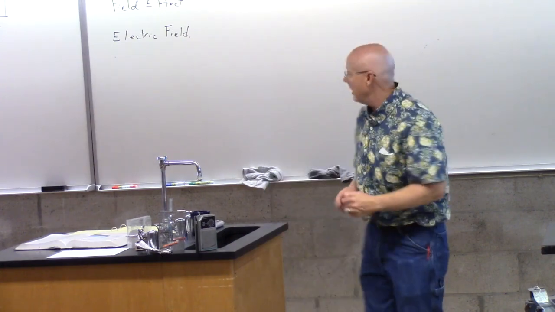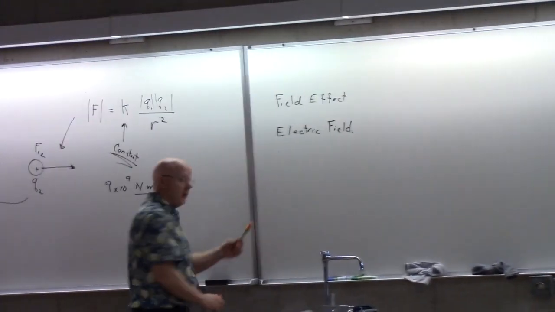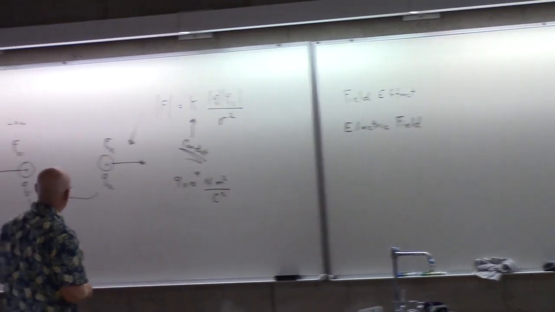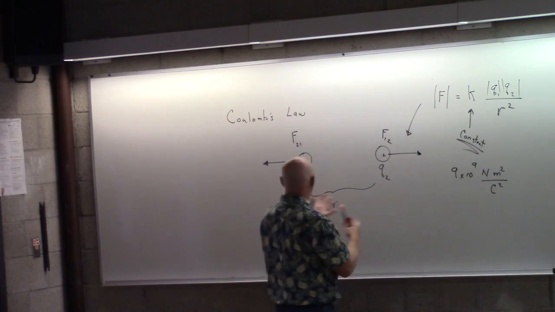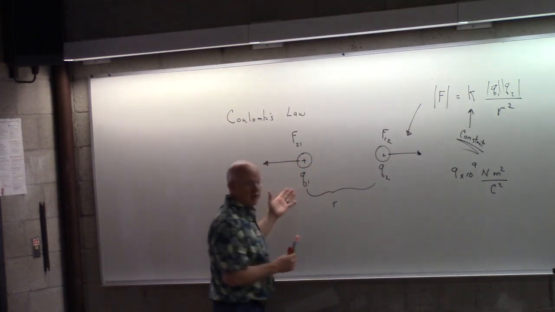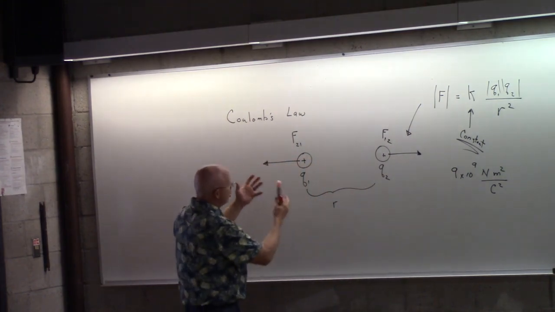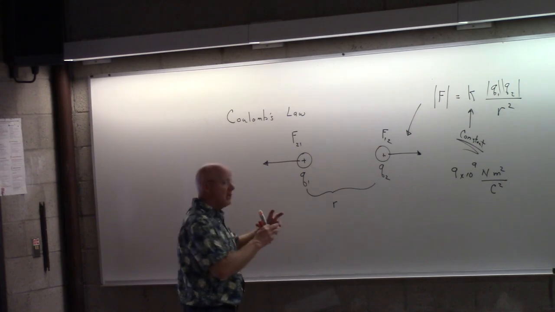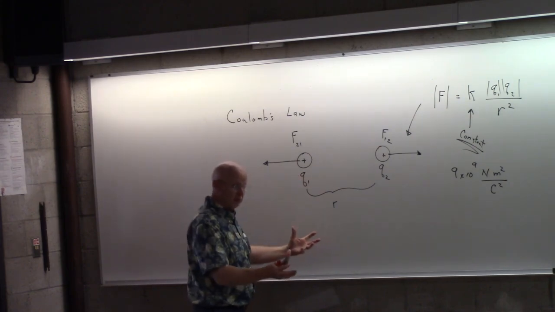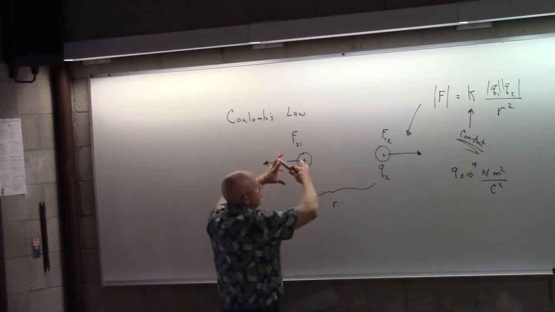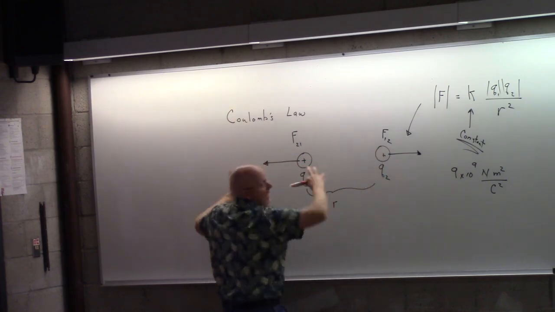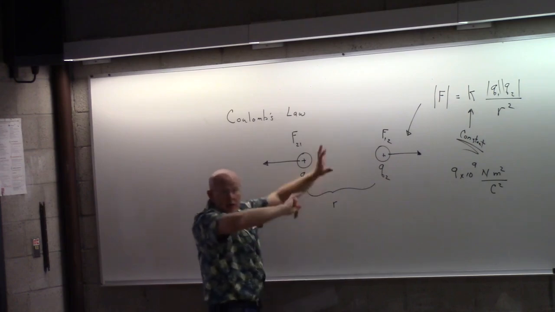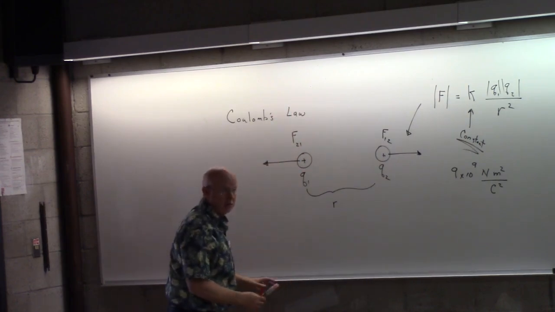I like to draw it this way. I like to say, all right, if this right here is the field, I would say charge number, and I don't know which one we want to pick on first. How about we pick on number 1 first? So charge number 1 creates a field. It creates what you might call an aurora around it, spreading out, radiating in all directions.